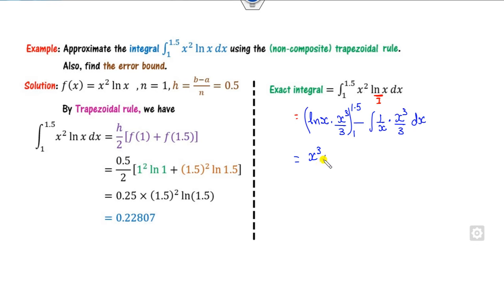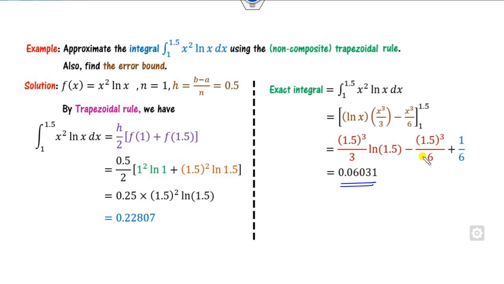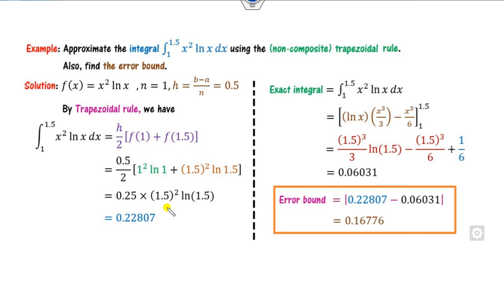So this is x cube ln x over 3 from 1 to 1.5, minus the integral of x square, which is x cube over 3, so it's x cube over 9 from 1 to 1.5. Now you can substitute the upper limit and the lower limit, and you will get the answer. This is the exact answer, and this is the approximate answer. You can find the error as exact answer minus approximate answer. You can see it is around 16.77% of error when you take n as 1.